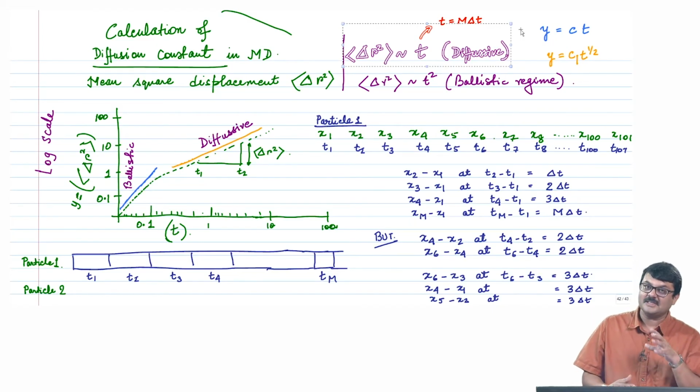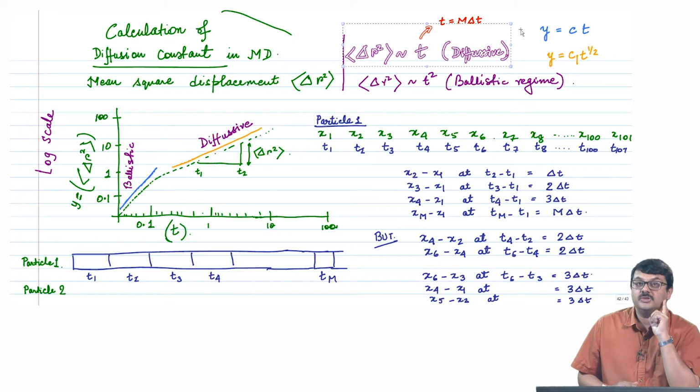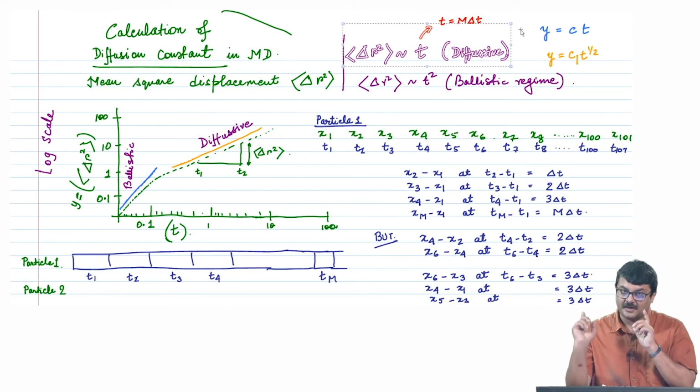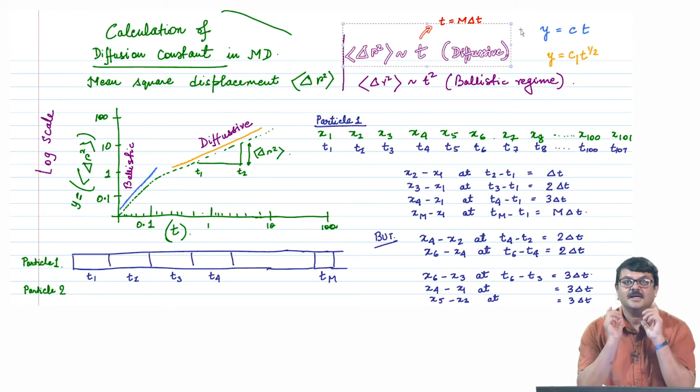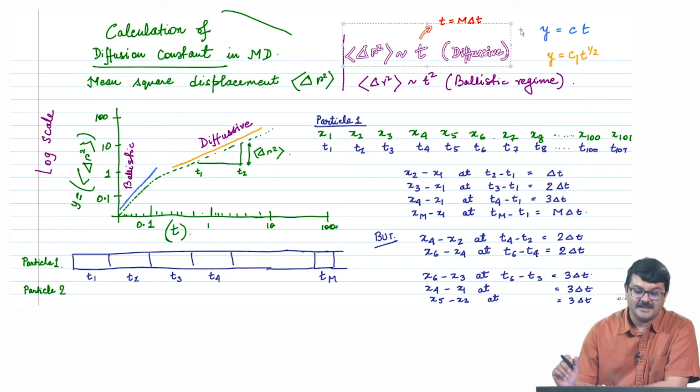Of course, its velocity is also getting updated and changed due to interaction with other particles, but at extremely small times, it is almost like moving under the influence of forces from other particles, but it also has its inertia, so that the net displacement goes as t square, right.